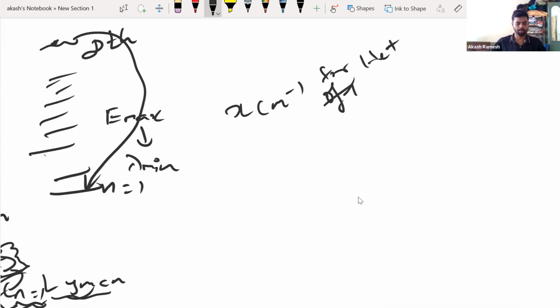Now the question is, for the same transition, what is the value of the wave number for beryllium 3 plus?